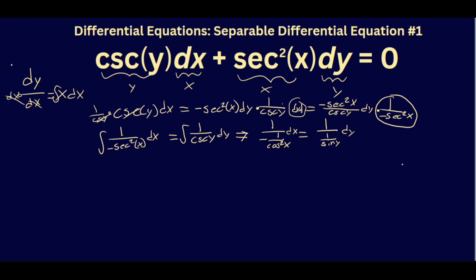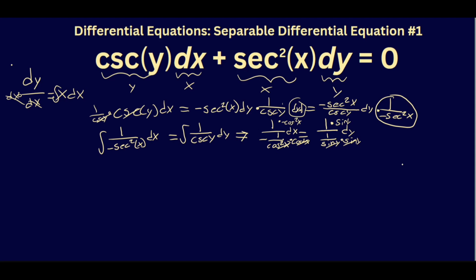Cool. Now, let's just simplify the denominator. Let's multiply this by cosine squared. What we do to the bottom, we do to the top. Sorry, that's a little bit cramped. This is my first time doing this. And now we multiply this by sine y and sine y. This will cross out, leaving 1 in the denominator, which we just ignore.